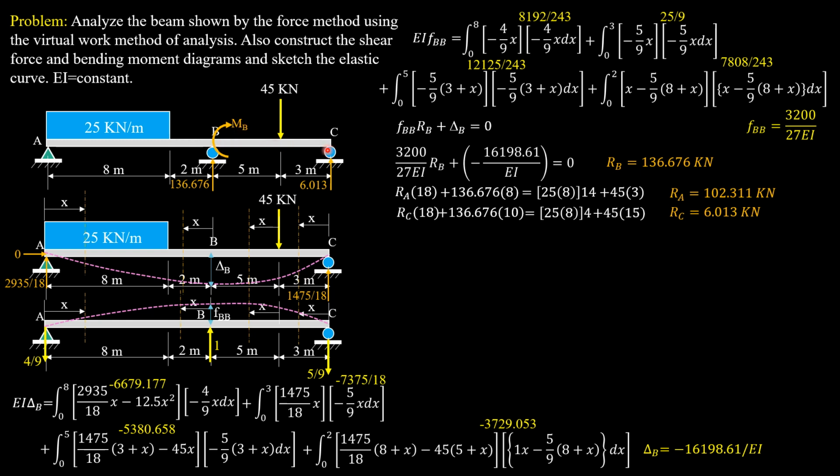Summation of moment about B equals 0, so MB plus 45 times 5 equals 6.013 times 8. So MB is negative 176.896 kilonewton meters. I'll copy this on the next slide for the shear and moment diagram construction.